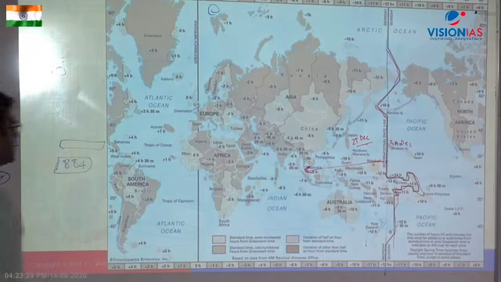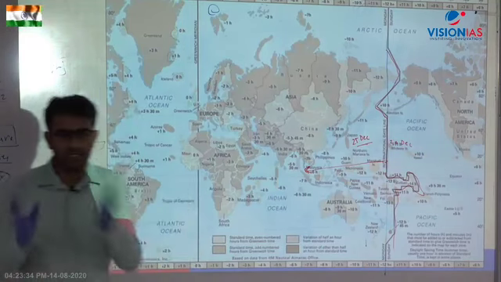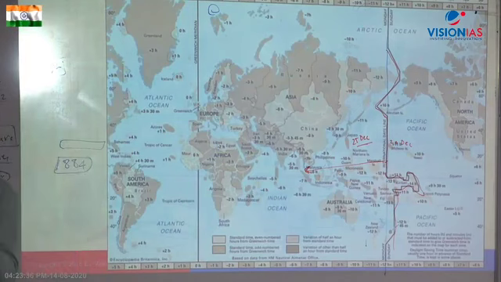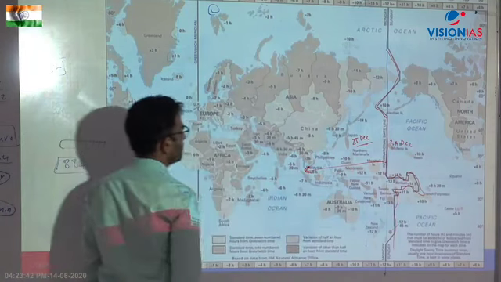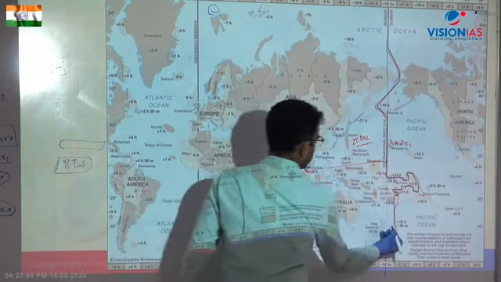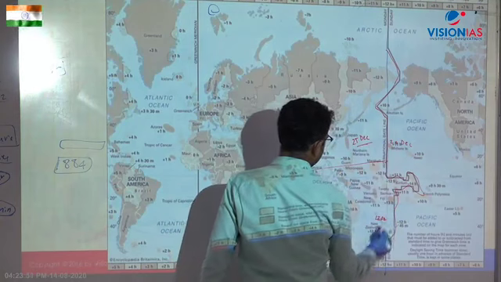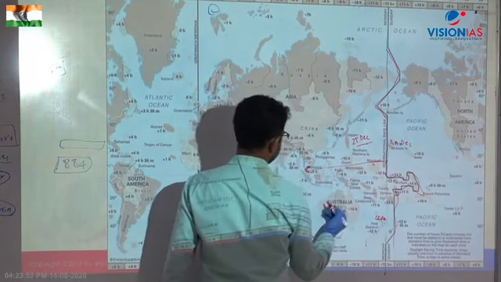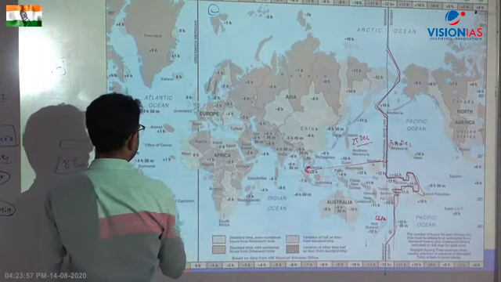And why did we not choose the Greenwich meridian? Because the Greenwich meridian, as per our atlas, is at the center of all the standard calculations. So the new date should not begin from here. Otherwise, if we started from here, the new date would start here. That means when it is 12 am at night here, it is the new date, and the 12 am will start to shift like this. Whenever the 12 am comes here, the date will begin.